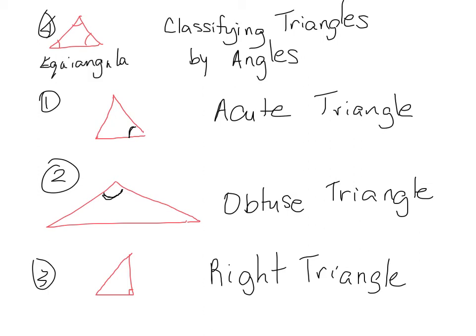Now, keep in mind that an equiangular triangle is also acute. However, the name equiangular is more specific than the name acute. So if you do have a triangle with 60, 60, and 60, instead of calling it acute, we want to go to a more specific name, which is calling it an equiangular triangle.